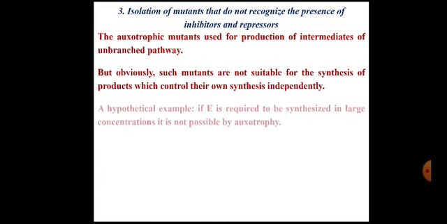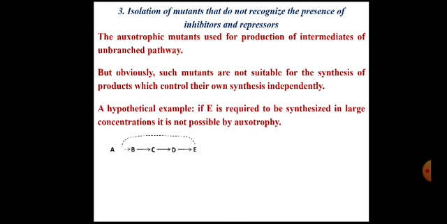Say for example, this is the biochemical pathway, that is an unbranched biochemical pathway. So in this case, auxotrophy is the possible solution for the overproduction of intermediates like C and D.